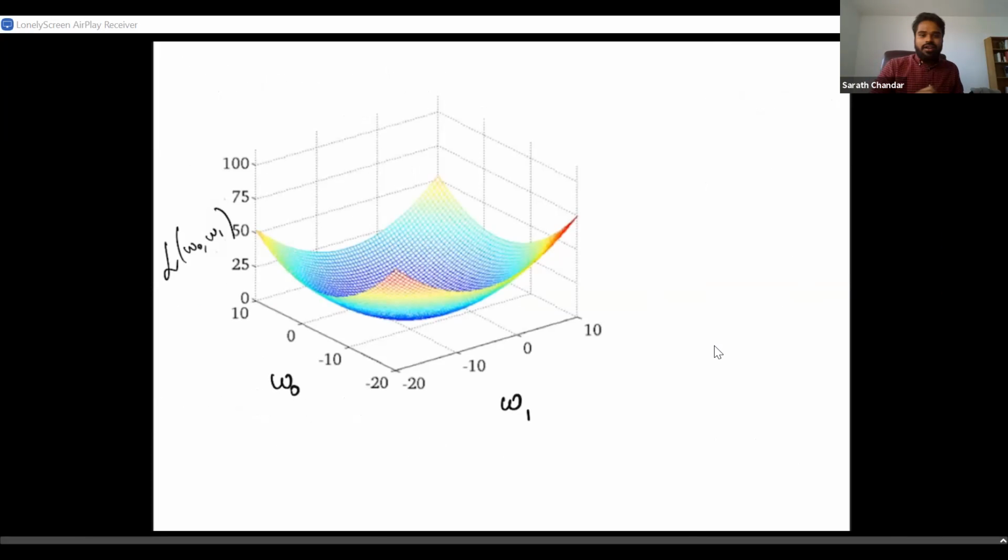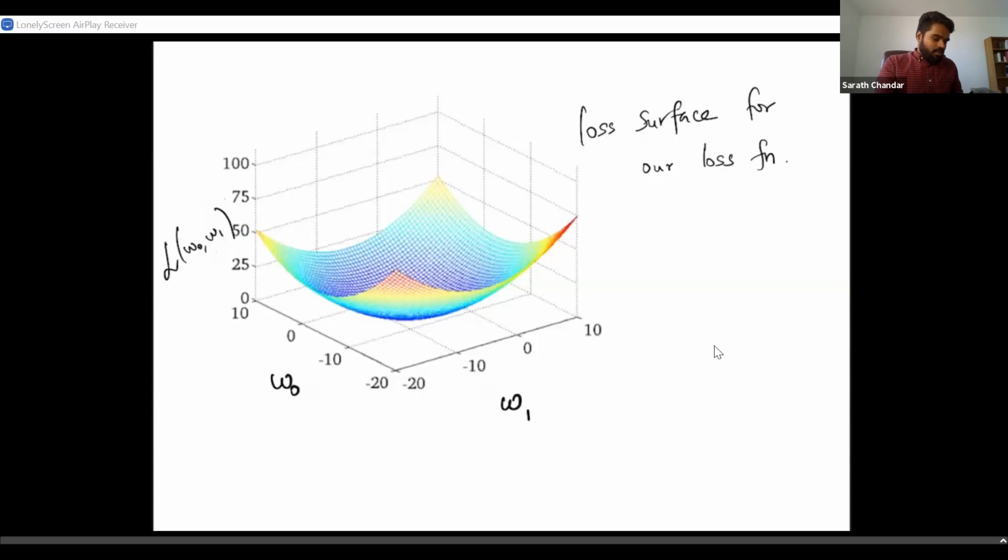And I just plot this for every possible W0, W1. And now this specific plot is the loss surface for our loss function.